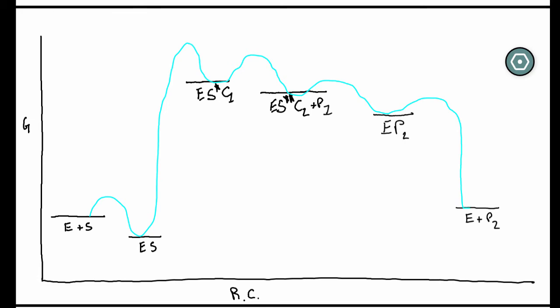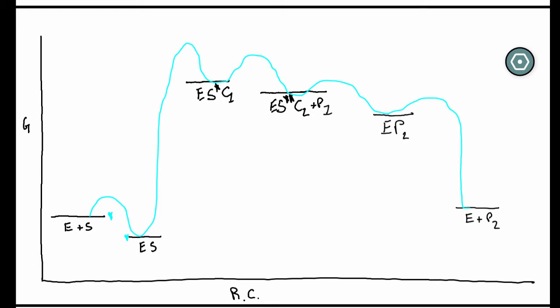Now, what are things that we need to have the same? Well, first of all, you would need to have this ES depressed in free energy relative to E plus S. In other words, the ES is a more stable form of the enzyme and substrate than if they're separated, and that's because of the binding energy that occurs between the enzyme and the substrate.